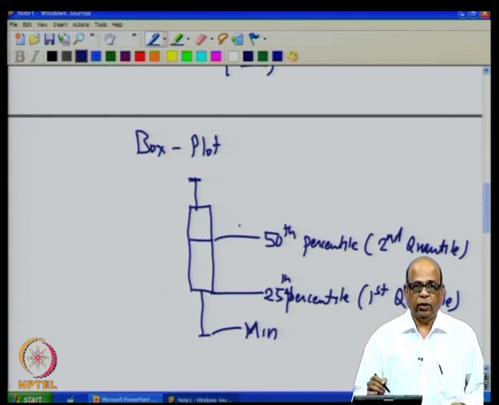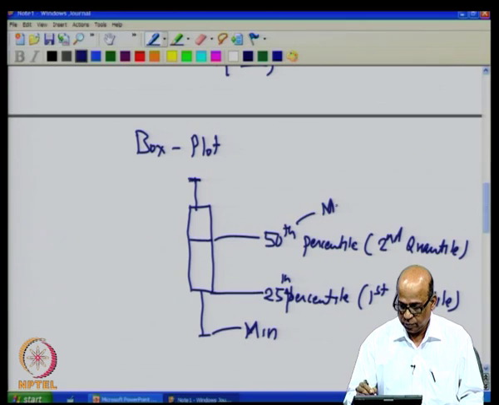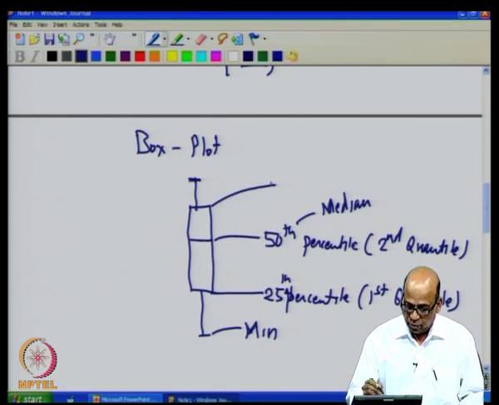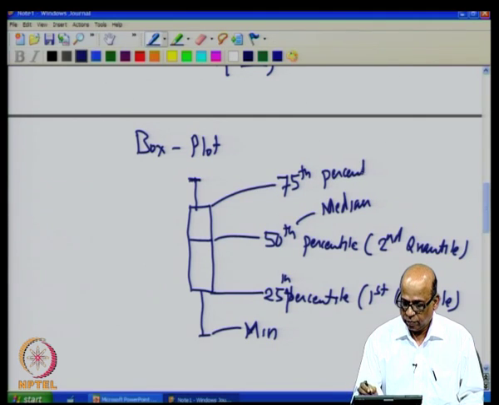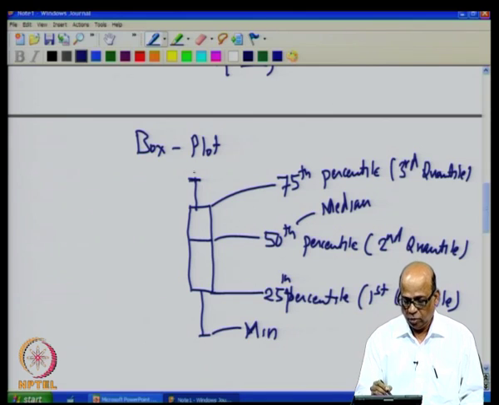Now, the 50th percentile is in fact the median. So, this is the median. Then the upper edge of this box is the 75th percentile, or the third quantile. And then you have a line, this is the maximum value.